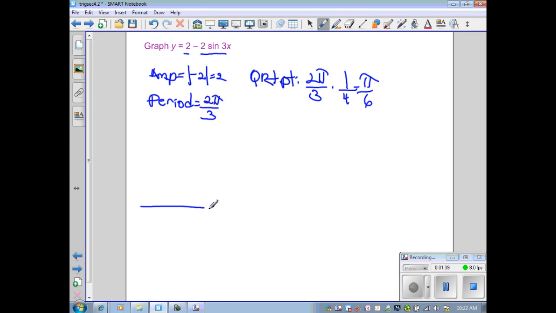Now I'm going to graph the function y equals -2 sine 3x. On the y-axis, my altitude is going to be 2. And for my quarter point, I'm going to count by pi over 6.